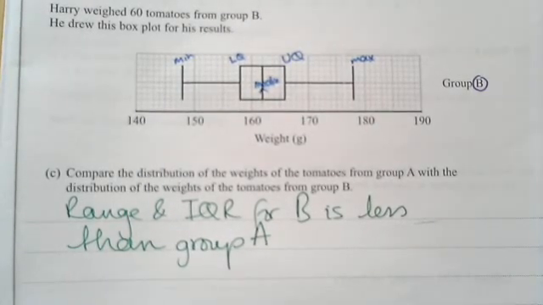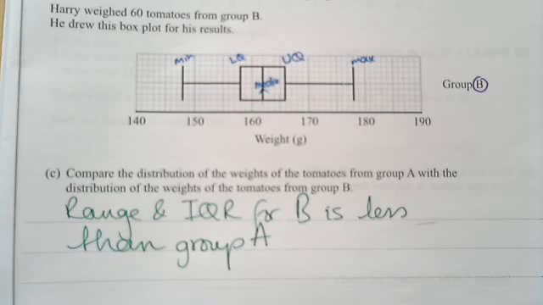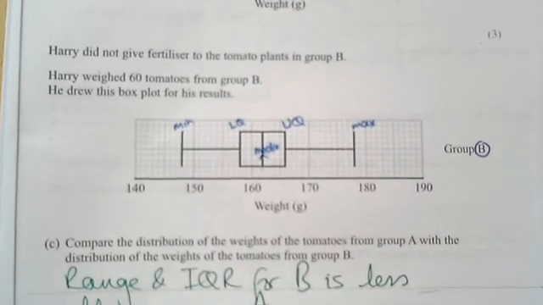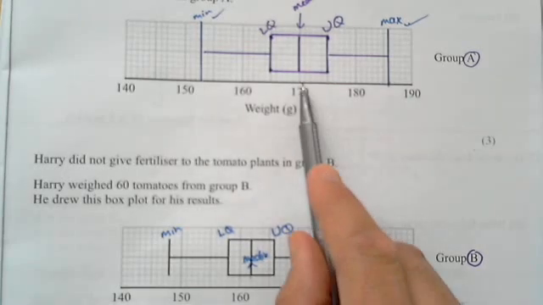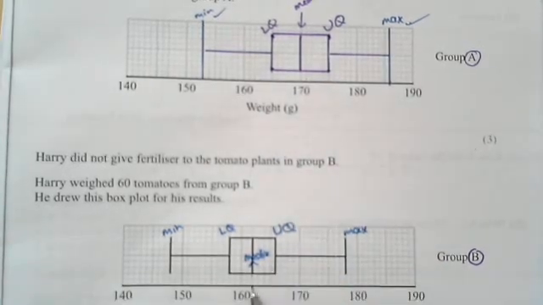Is less than group A. Now that's the median value here, which is 170, and the median value here is 162.